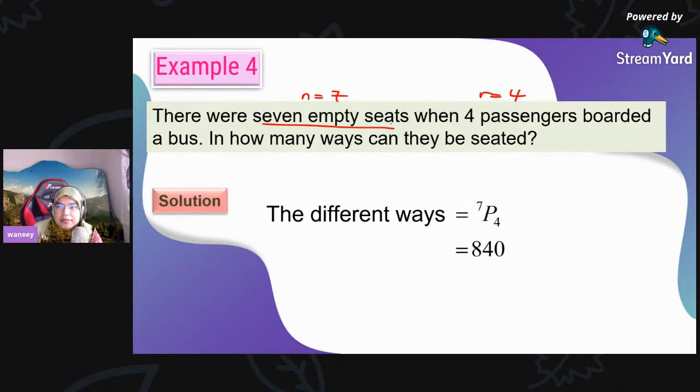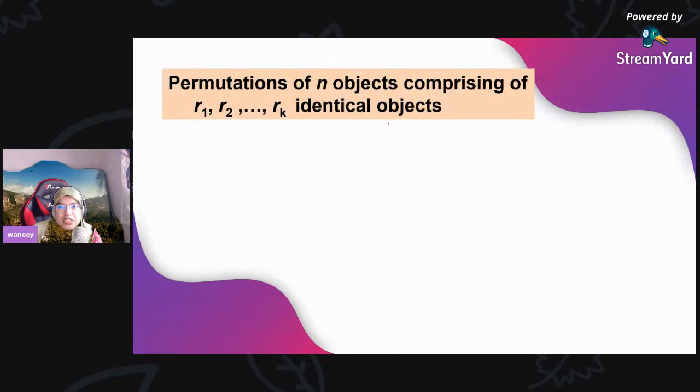Okay, next. Permutation of an object comprising of R1, R2 until Rk identical objects. So always make sure when you want to do some permutation, check whether you have something identical or not. If you have something identical, it will be a little bit hard to calculate because we need to be extra careful.